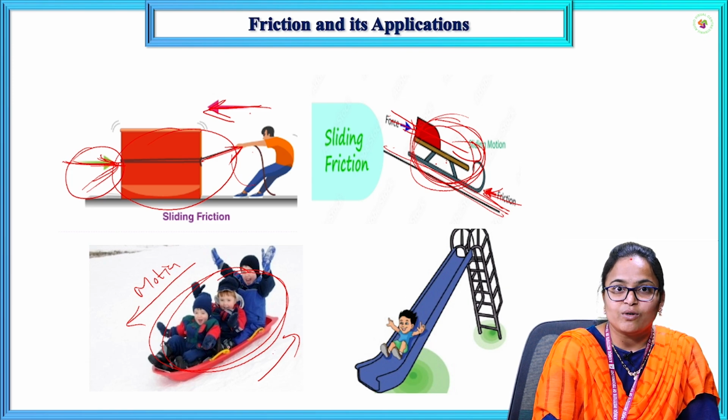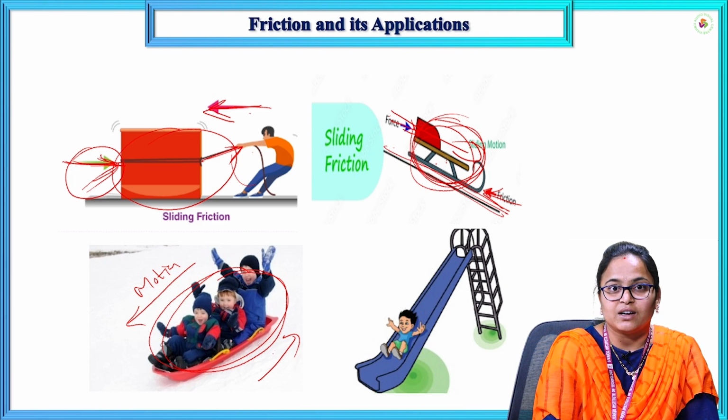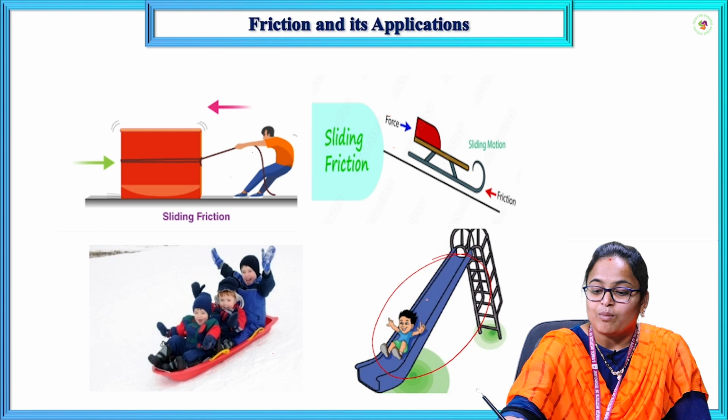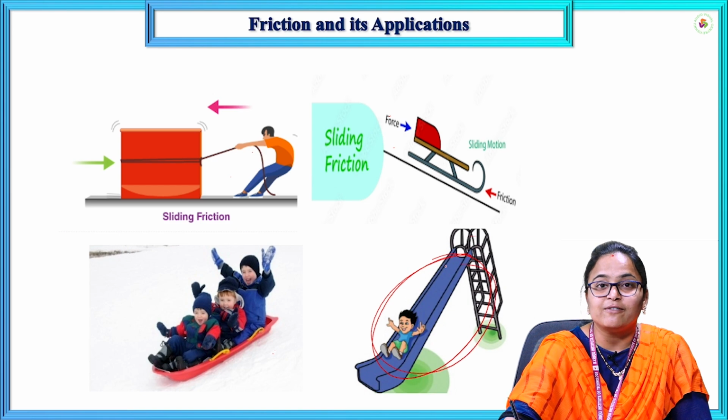So this is also a best example for sliding friction. Coming to another real-time example of sliding friction, this boy slides over the sliding equipment. We can see sliding friction in all types of paths.